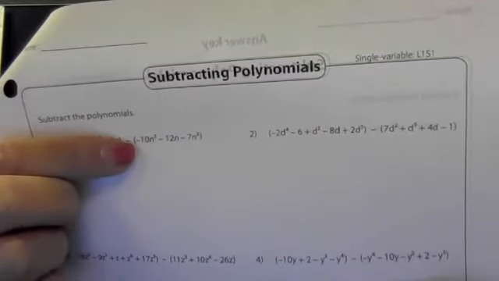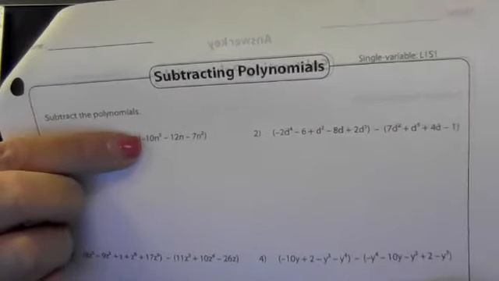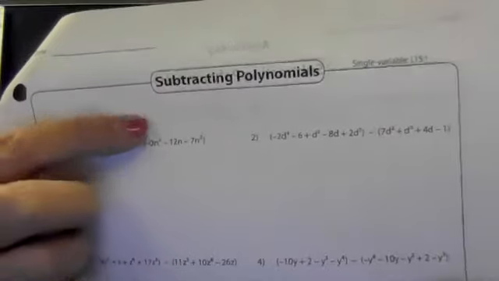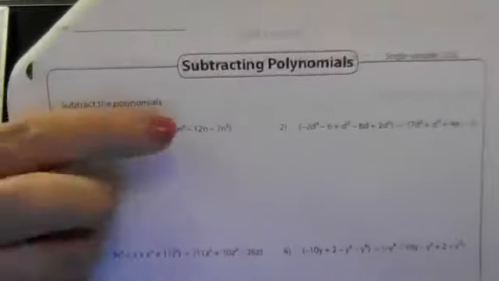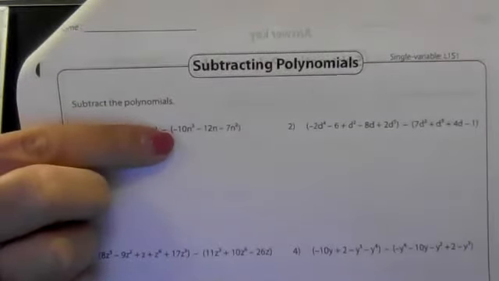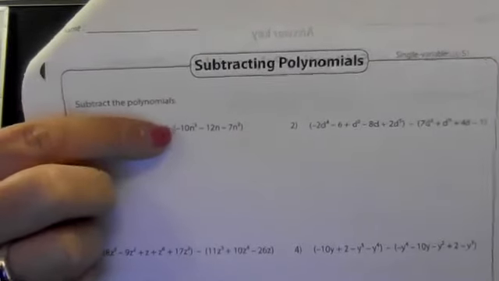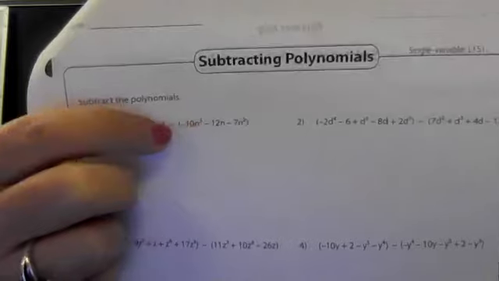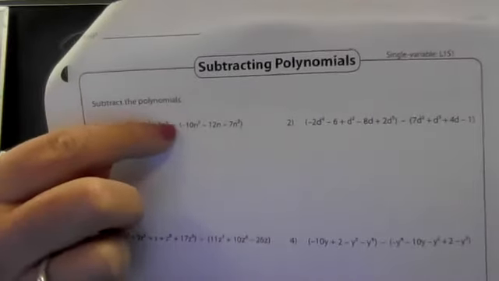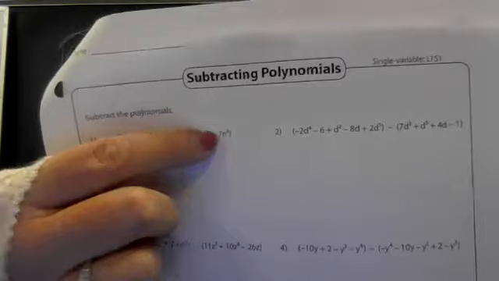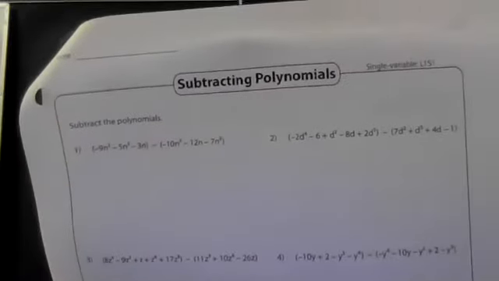Then here, on page 8, you're going to take the invisible negative 1 times negative 10, negative times negative, and negative 1 one more time times a negative 7. Y'all see?